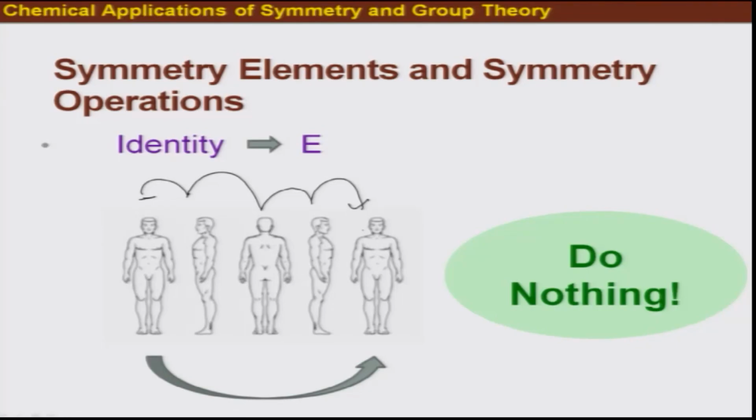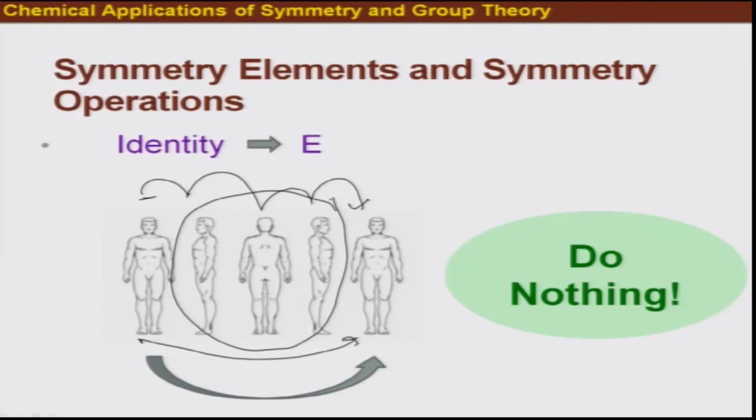Now if I do not go through all these intermediate steps, and if I come from this state to this state directly, the symmetry operation that we have performed is an identity operation. So essentially you can figure out the identity operation means you do nothing.